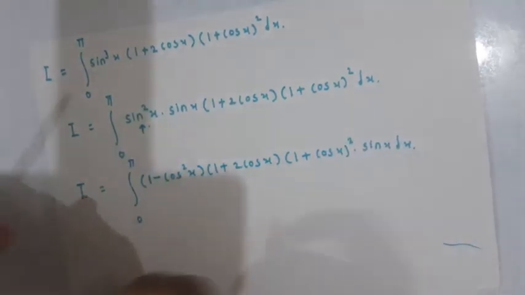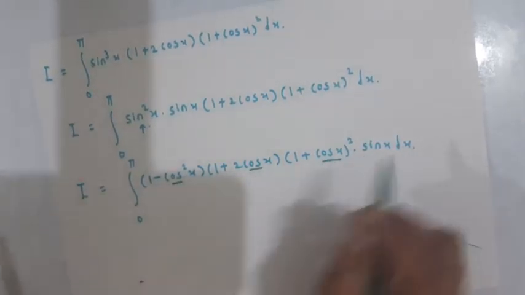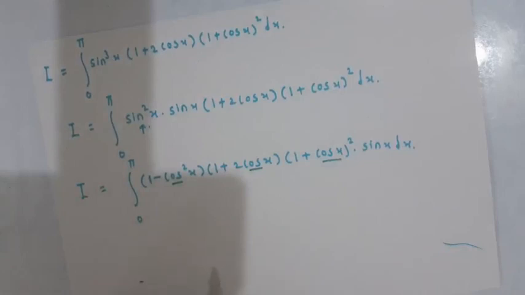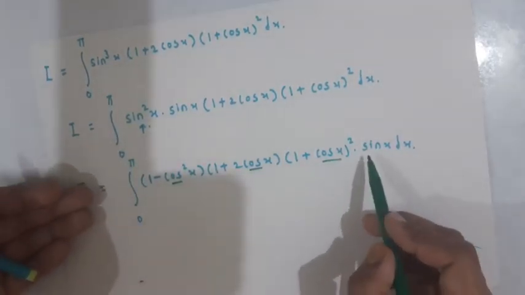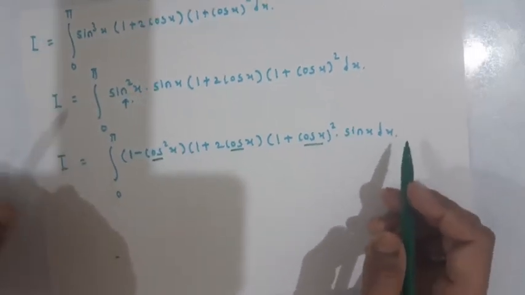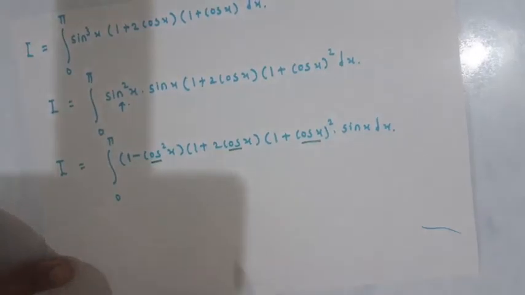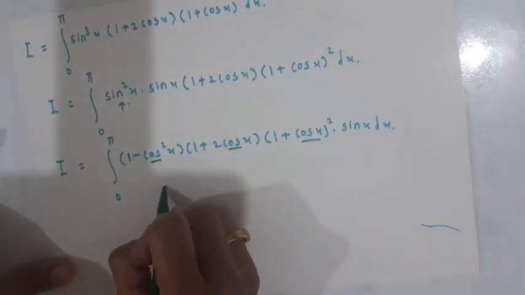If you observe, everywhere there is cos x, and if we put cos x equal to t, then its differentiation is minus sin x dx equal to dt. So the problem will be simplified very easily if we give substitution for cos x.